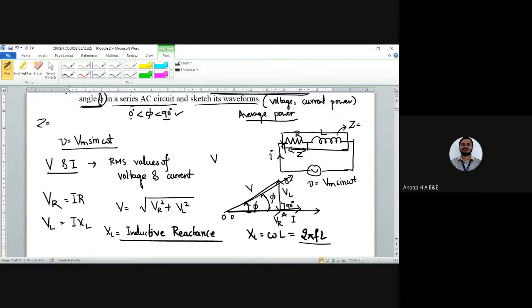So with respect to the current, voltage is leading by an angle of phi. So always voltage leads current by an angle phi. That is where we have voltage leading the current by an angle of phi in a series AC circuit, and that AC circuit is called a series RL circuit.